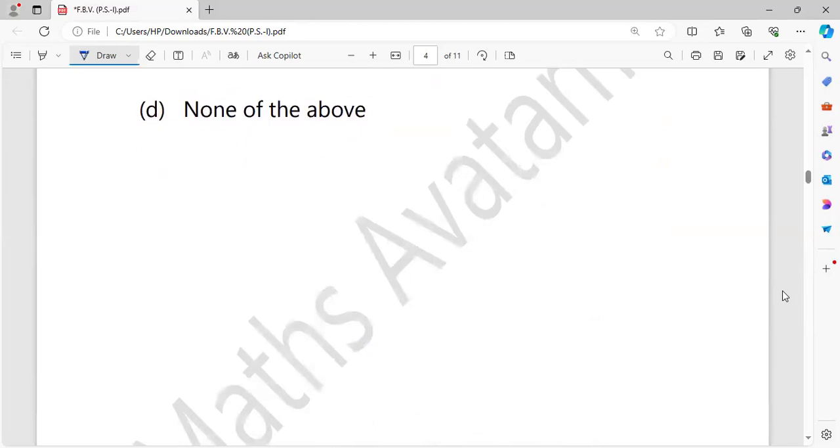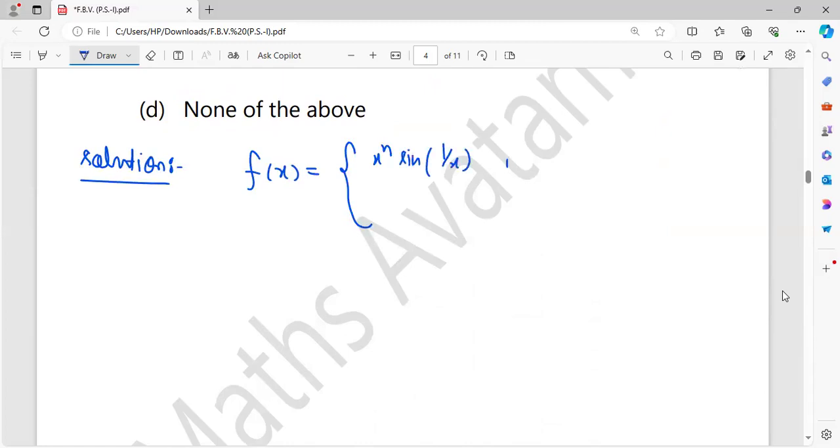If we take f(x) is x to the power n sine 1 upon x if x belongs to (0, 1], and 0 if x is equal to 0.